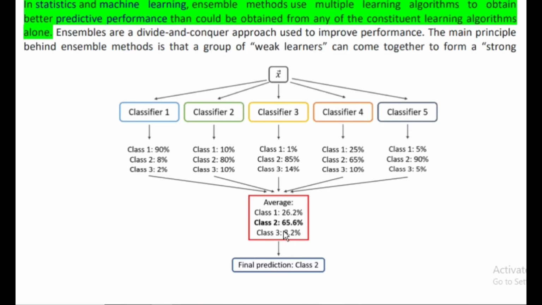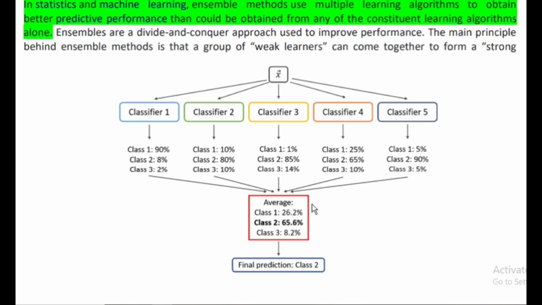Suppose we have to classify X with classifier 1, classifier 2, classifier 3, classifier 4, and classifier 5. In classifier 1, class 1 is 90%, class 2 is 8%, class 3 is 2%. In classifier 2, class 1 is 10%, class 2 is 80%, class 3 is 10%. Classifier 3: 1%, 85%, 14%.